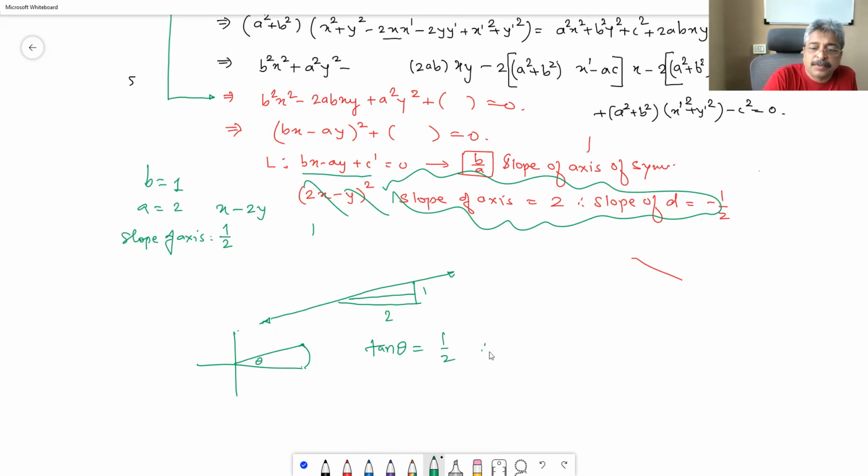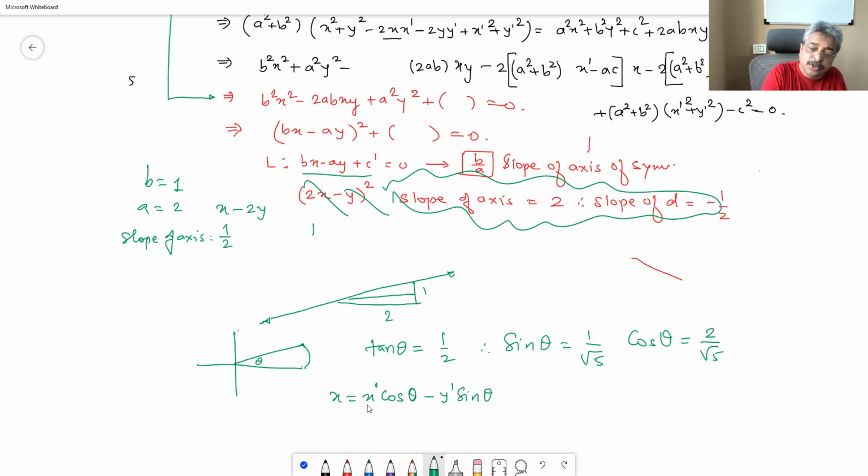Okay, and therefore sin theta is equal to, if tan theta is half, sin theta is 1 upon root 5, and cos theta is equal to how much? 2 upon root 5. Okay, and therefore your rotation transformation, if you understand, x is equal to x dash cos theta minus y dash sin theta.